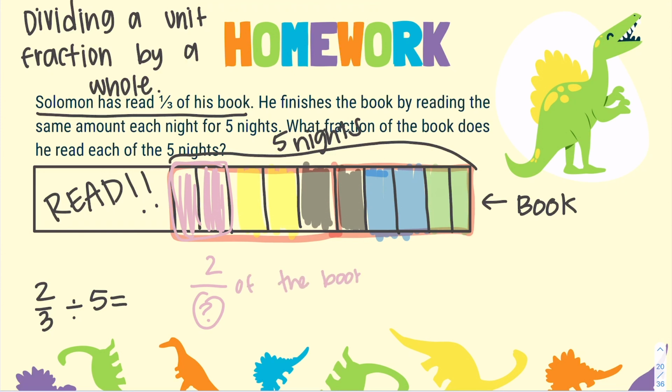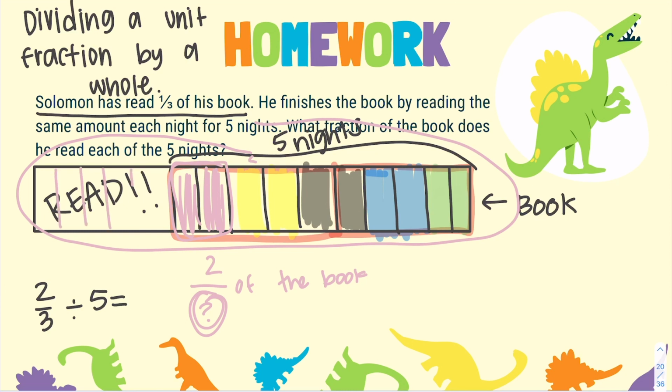Now our next step is to find out what this is, and our denominator tells us how many pieces there are. I'm going to tell you now, the answer is not 10, because I can see why you'd say that. There are 10 pieces that we just pulled out from the 2/3, but our denominator actually comes from the whole book, meaning that we're going to cut this up into fifths too. Now we're going to add these into our denominator.